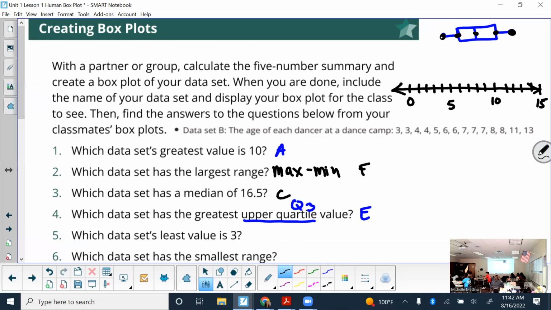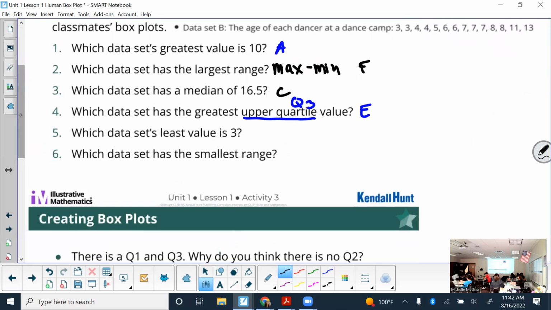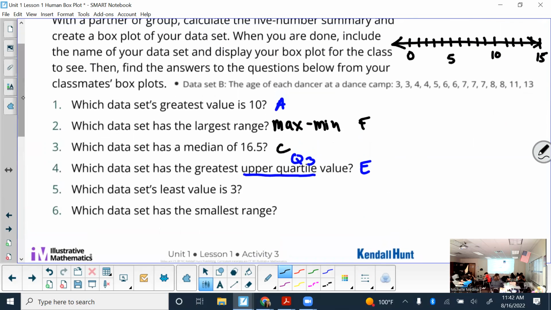Would it be the first one? No. So it would be the fourth one. Good. So you should have been able to look at the right corner of each box and seen what their upper quartile is easily without even having to do any calculation. Let me check the key. And it is E, so good job, whoever made that one. And then that means you must have done it right if they found it easily.